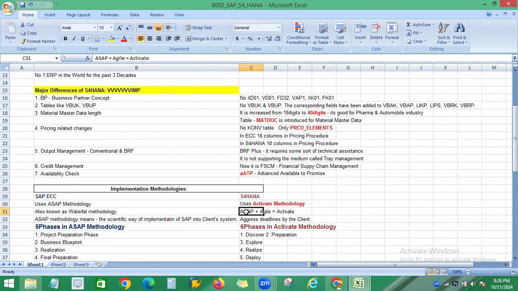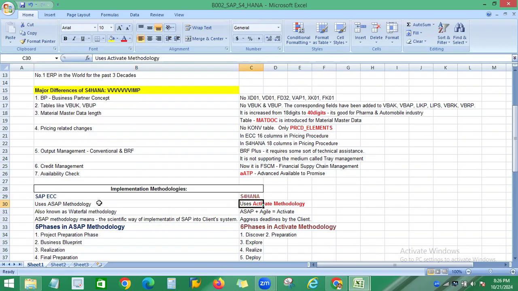In the waterfall methodology, we have to complete steps 1, 2, 3, 4, 5, 6, 7, 8, 9, 10, and after completing the 10th step, we find there is an issue in step number 3. Because of that, there is a waste of time and the project gets delayed.